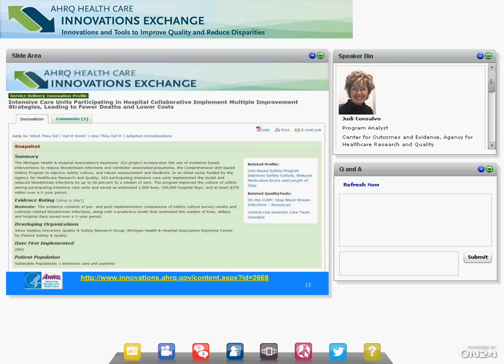Very tiny. This is a screenshot of another Innovations Exchange profile. It's too small to read here, but it's important to understand the layout. Here's the full story. In the title, remember the two parts: Intensive care units participating in hospital collaborative implement multiple improvement strategies leading to fewer deaths and lower costs.